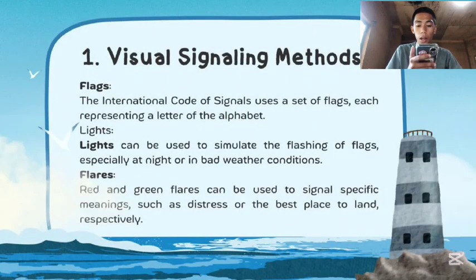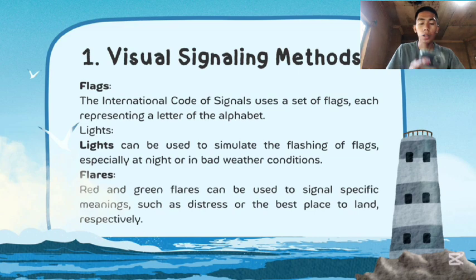First, visual signaling methods. Flags. The International Code of Signals uses a set of flags, each representing a letter of the alphabet. Lights.